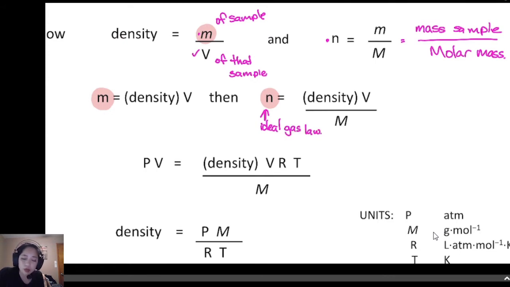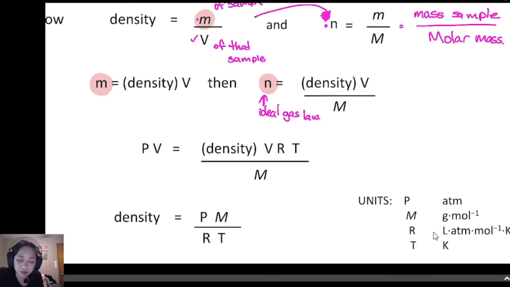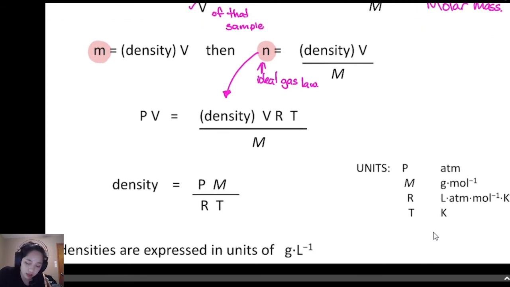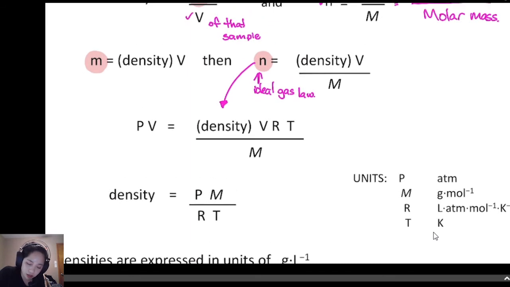All right, so then we're essentially sticking this first equation into the n number of moles equation. And then we can stick that right into our PV equals nRT. So we stuck that into our ideal gas law.